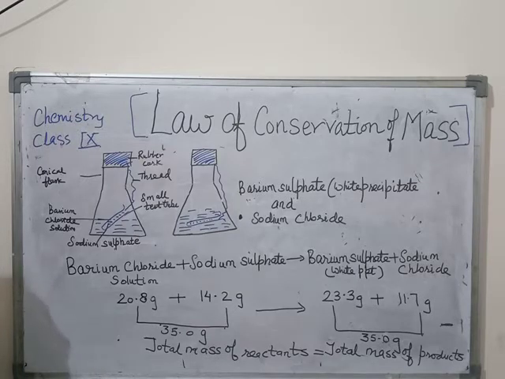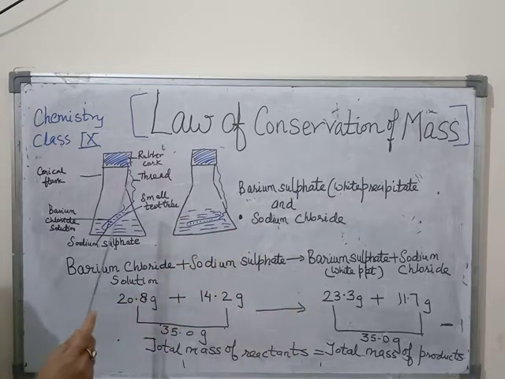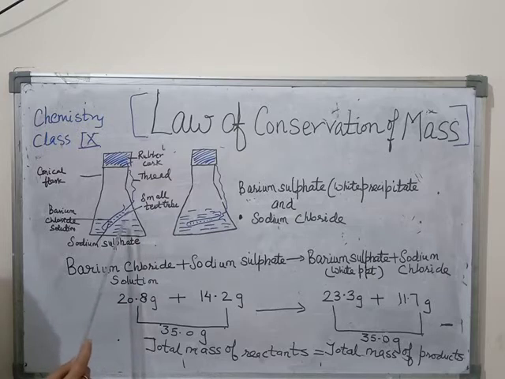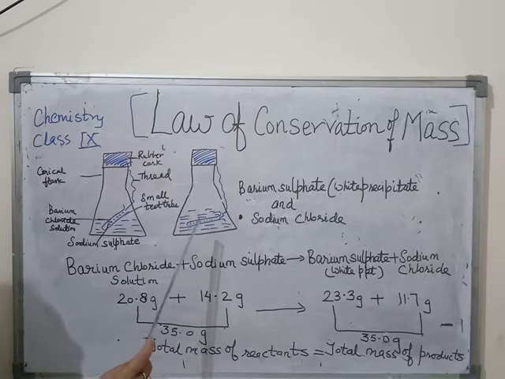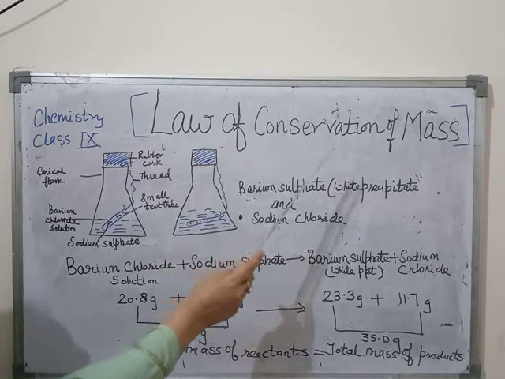We can verify the law by taking known chemicals or reactants, allowing them to react by mixing them together, and comparing the mass of reactants and products. If the mass of reactants and products is equal, it means that it stays the same. It verifies the law of conservation of mass.